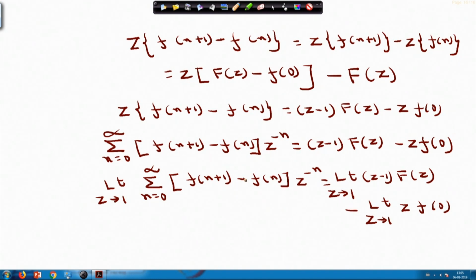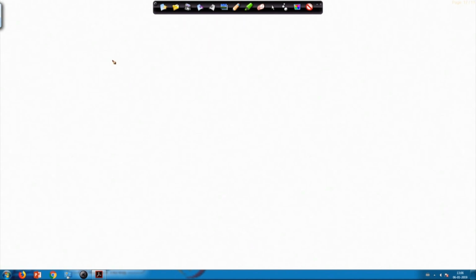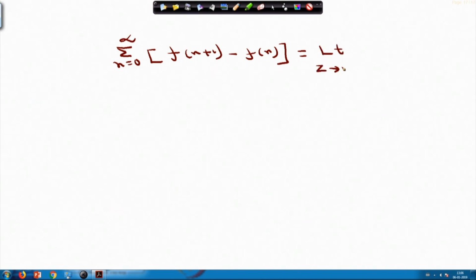This again I can write as the summation n equals 0 to infinity of f of n plus 1 minus f of n, after taking the limit on the left hand side. As z approaches 1, z to the power minus n will vanish, and this equals the limit as z approaches 1 of z minus 1 into capital F z minus f of 0.